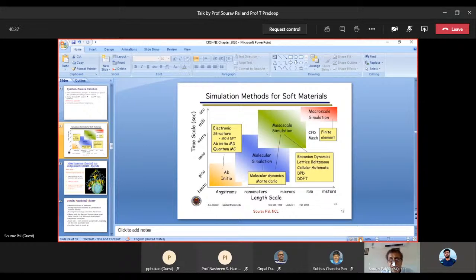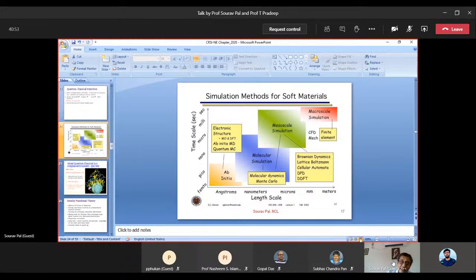That's a protein, for example. If you go to mesoscopic simulation or coarse grain, that's a polymer, for example, where beads or groups of atoms are taken. And then, finally, the engineering length scale, which is CFD, finite element, Brownian dynamics, and so on. So today, depending on the material and the length scale, one can use different simulation methods. That is what I mean by horses for the courses.